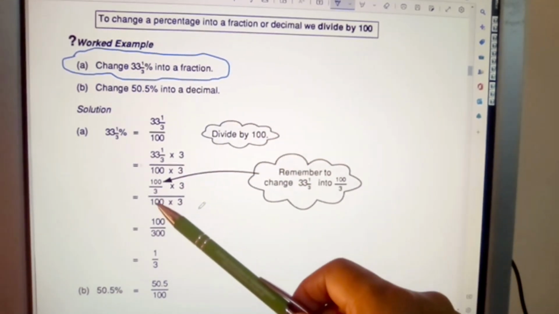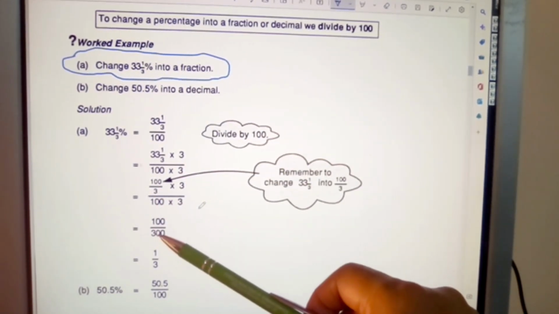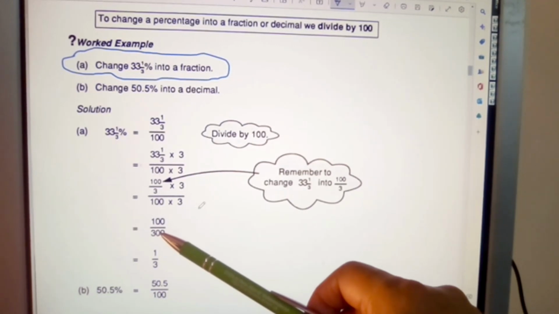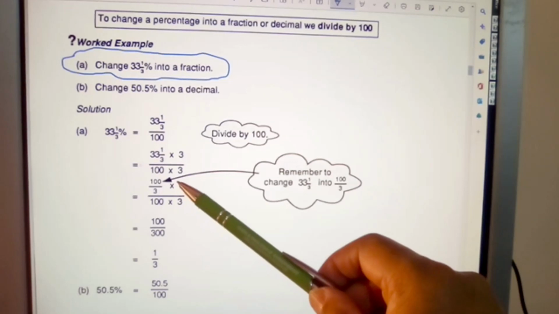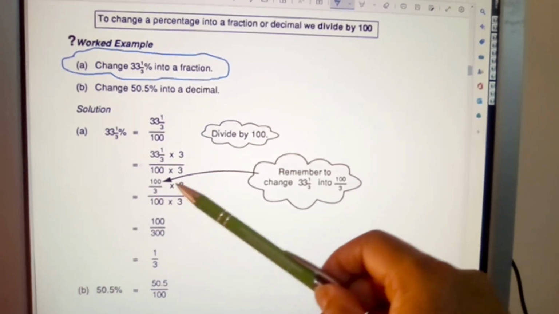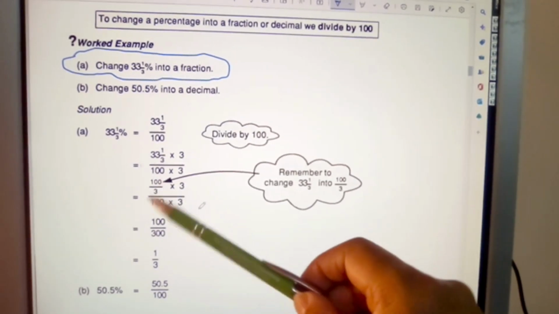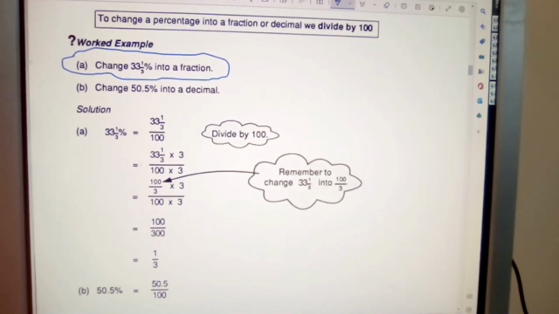3 times 100 gives us 300. That and that cancel out. Okay, it leaves us 100 here. So this part here is now this part.